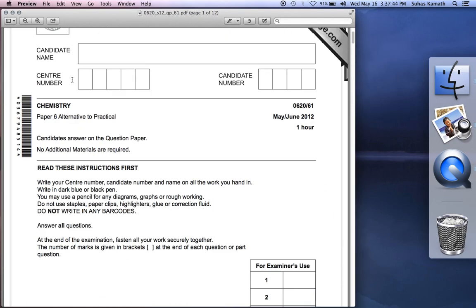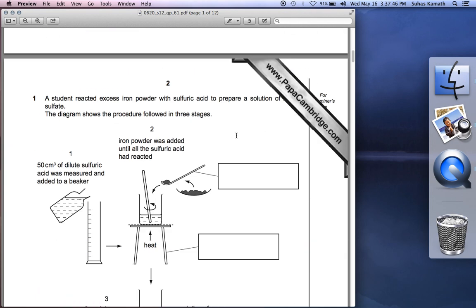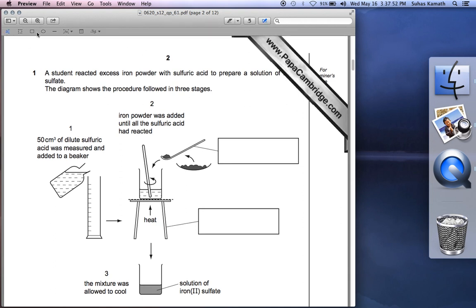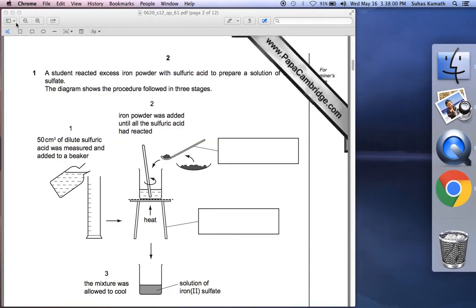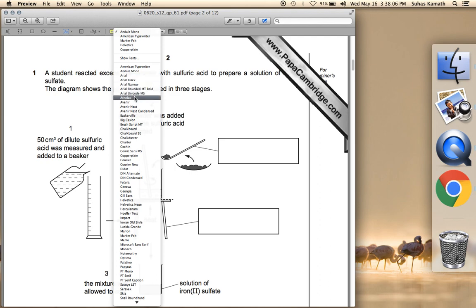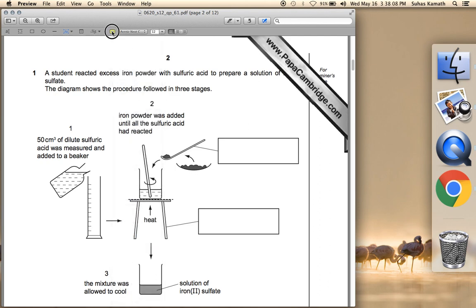So, let's begin. Let's start to write here by using this tool, and we'll use Avenir Next Condensed font and this color.